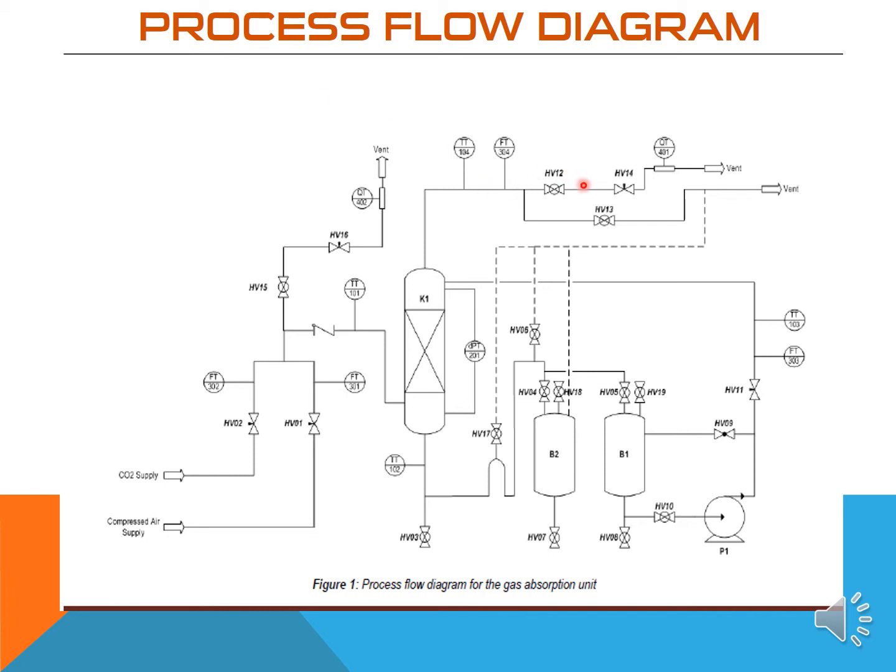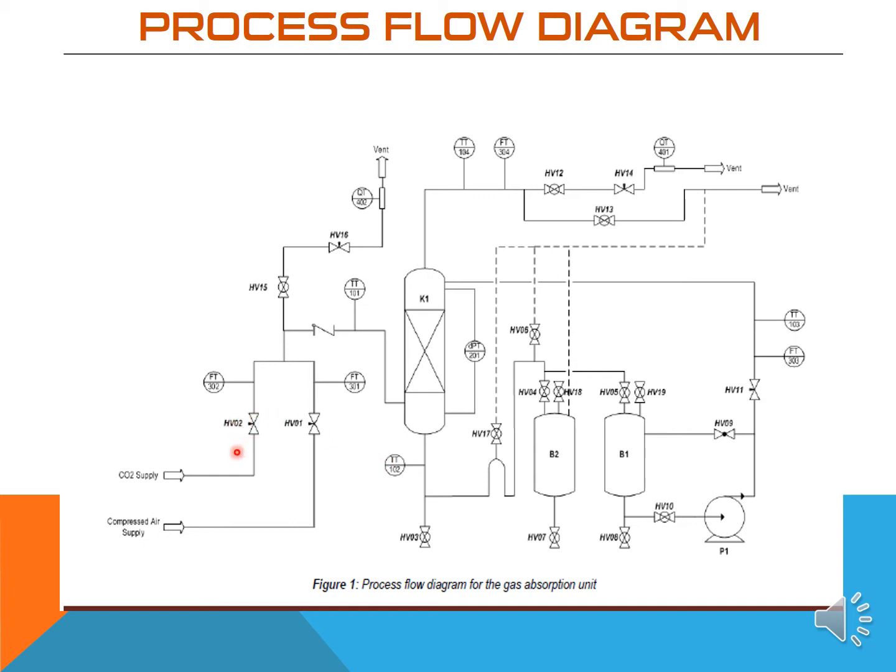So, I am going to explain the general startup procedure. Ensure all valves HV are closed except the ventilation valve, which is HV13, which is fully open. Drain any stagnant liquid above the sampling valve, which is HV03. Open the valve at the compressed air and CO2 supply area.